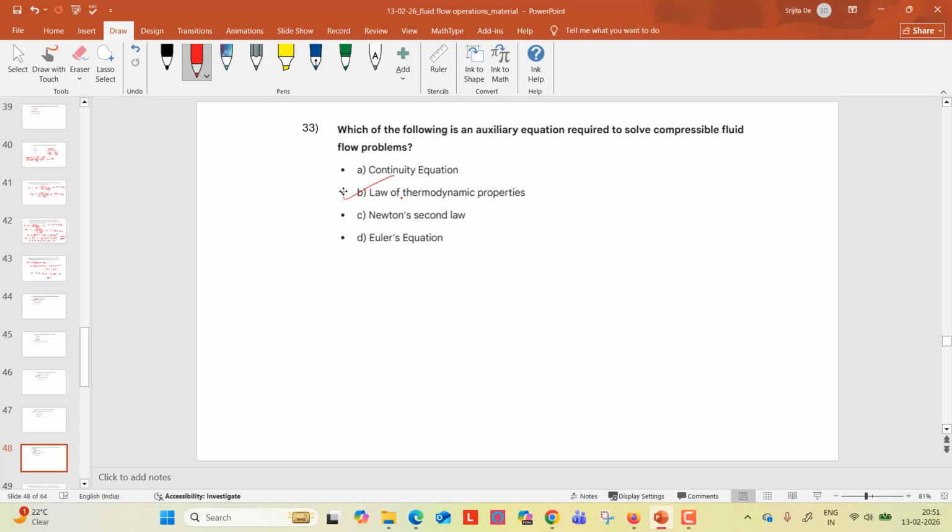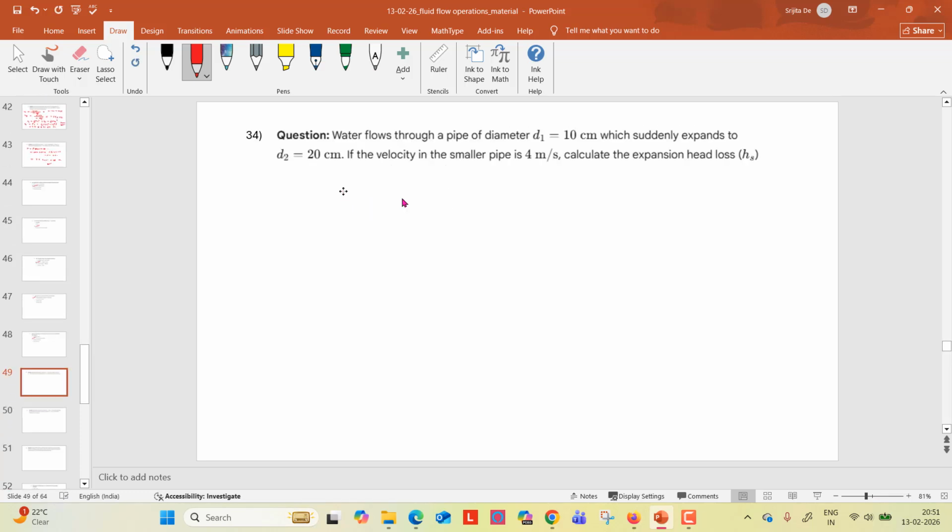Next comes again the mathematical problems. Water flows through a pipe of diameter d1 which suddenly expands, and the velocity in the smaller pipe is this.